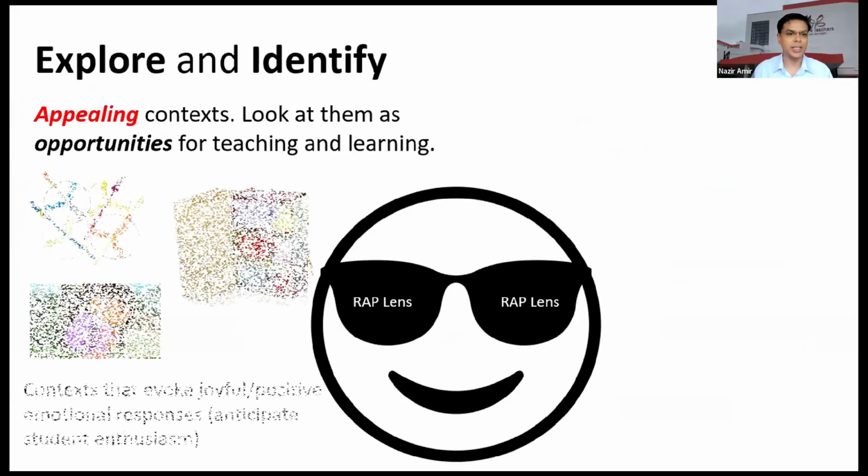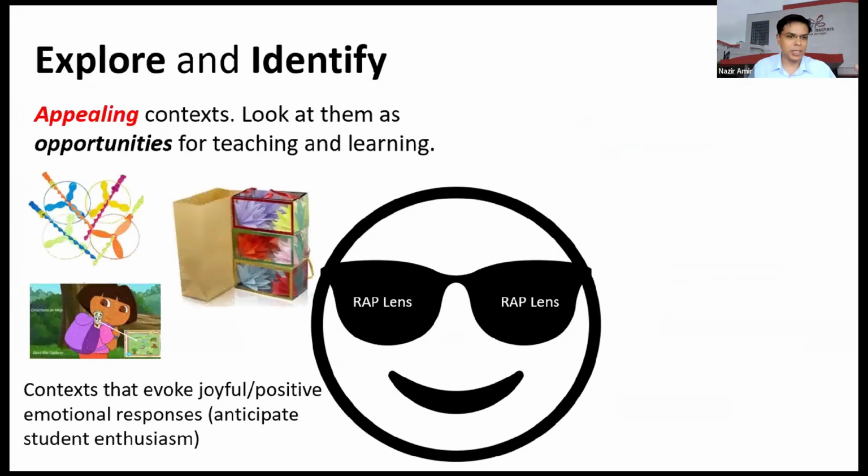The first step is to think about what are the appealing contexts in the real world and look at them as opportunities for teaching and learning. When I see this toy, this video clip, this magic trick, I don't think of it just as an entertainment tool, but I think, can I use this as a teaching tool?